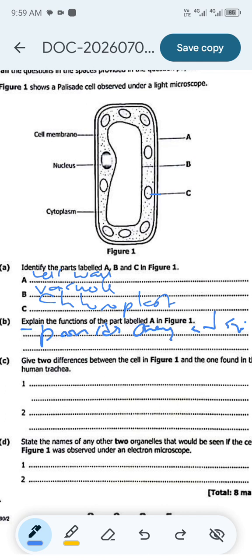The other function is that it maintains the shape of the cell. So these are two functions of the cell wall, but here you are only required to write one function, and then you get that 1 mark of yours.